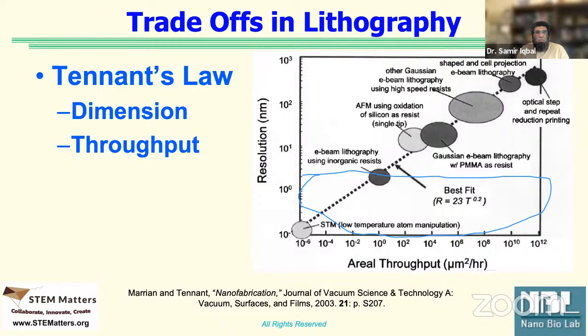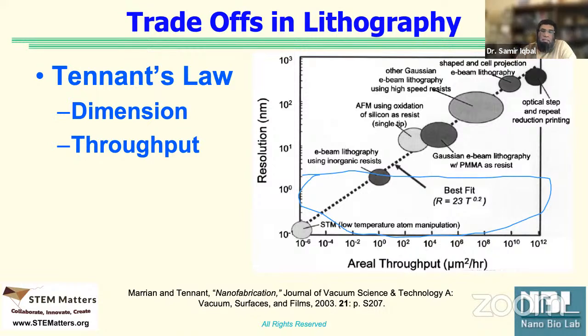But instead of making 1,000 chips in a day, if I can only make 100 chips a day, my productivity has gone down by an order of 10. That's throughput, because you cannot now flood the whole chip surface like we do with optical lithography. Instead, you have to write each feature with that E-beam or ion beam or scanning probe, whatever tools we use. We'll look at all of those.